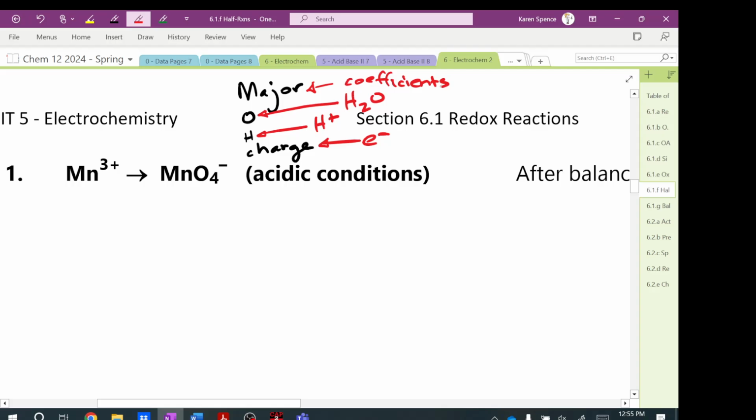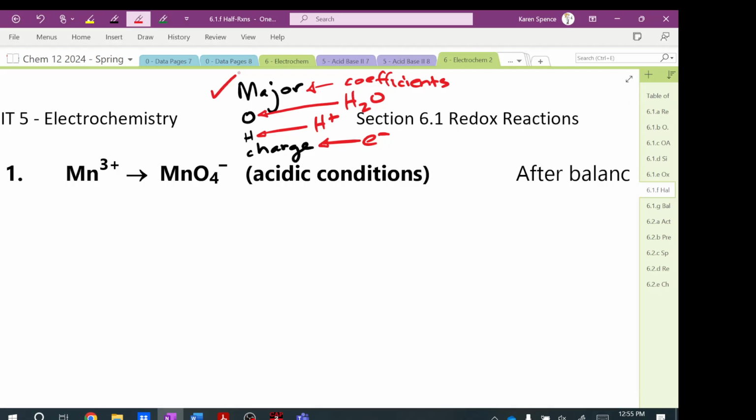Do we have any major elements in this half reaction? Anything that is not oxygen or hydrogen? Yeah, we have Mn. Do we have the same number of Mn on both sides? Yes, there's just one. Oh, good. Check. That was easy.